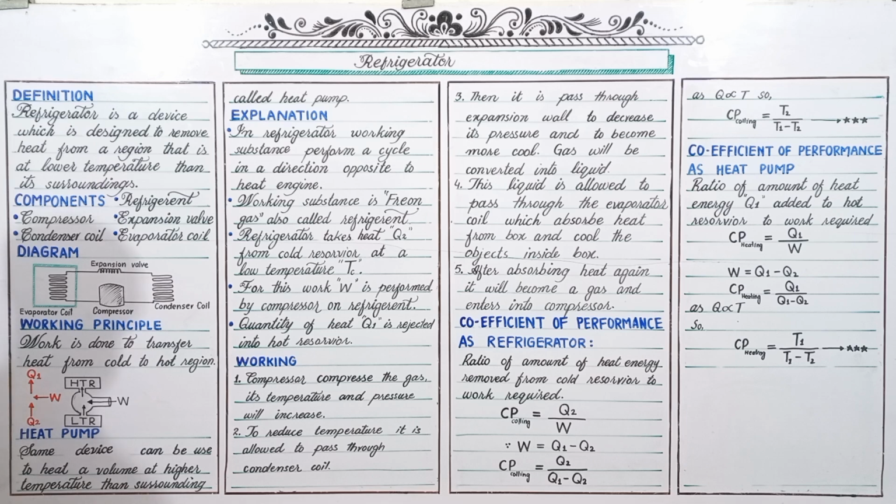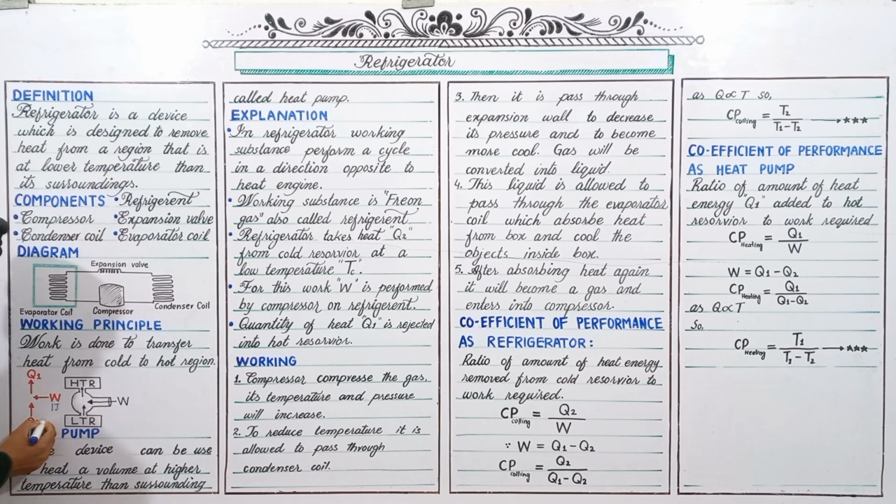But in this case, you have to do some work and heat will be shifted from a lower temperature reservoir to a high temperature reservoir. Okay, so when you apply some work, like you have applied 1 joule of work, it will extract heat from this low temperature reservoir, that is Q2.